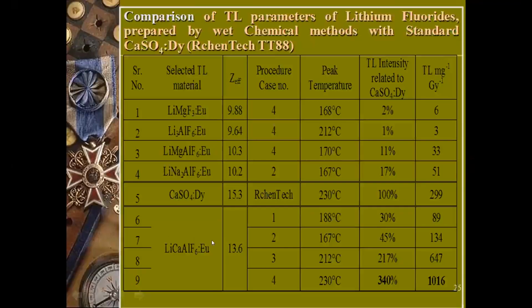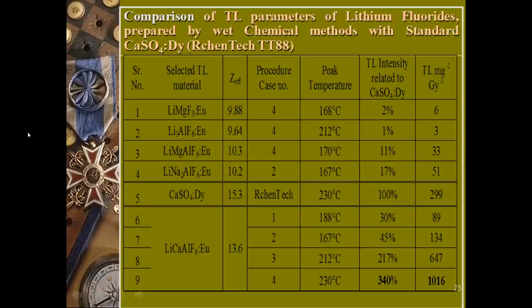The phosphor which is being prepared by step 4 and the TL peak is around 230 degrees centigrade. We have got TL intensity which is 3.4 times the standard CaSO4 which is being used. CaSO4 is being used in badges for personal monitoring.